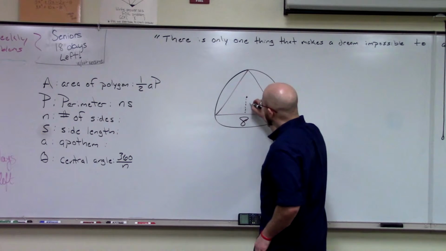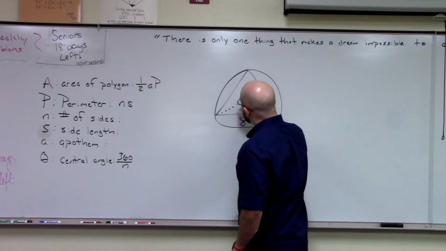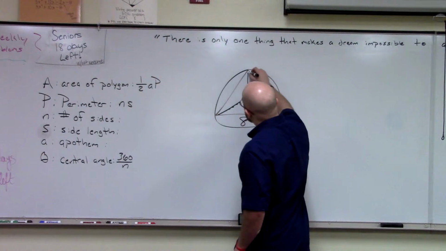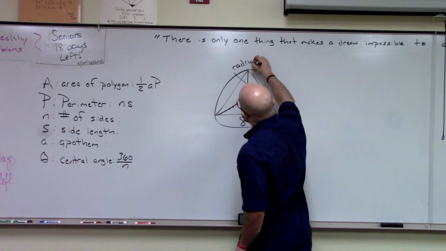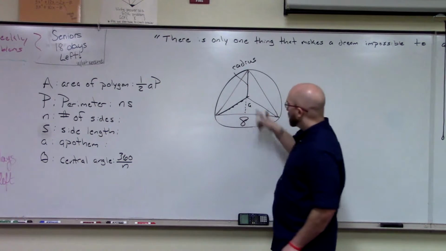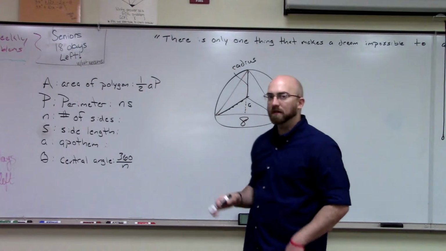This little dotted line, that's the apothem. Any line to the vertex, or point, of a polygon, those are the radius. And the little dotted line is our apothem. As you see, we can have a dotted line on each side. It doesn't matter which side.